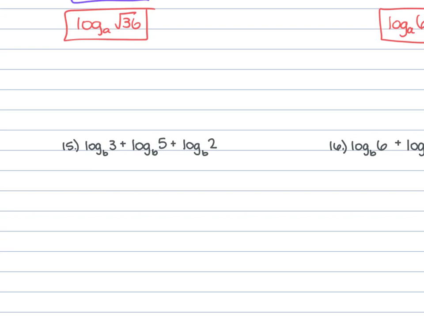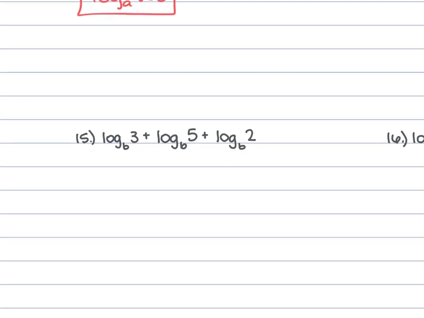For 15, we have multiple steps, or operations. So we have addition and addition. We remember when we are adding these, we are multiplying those whole numbers as long as our bases are the same. So we have log a of 3 plus log a of 5 plus log a of 2. So same bases, we're going to multiply the 3 and the 5.